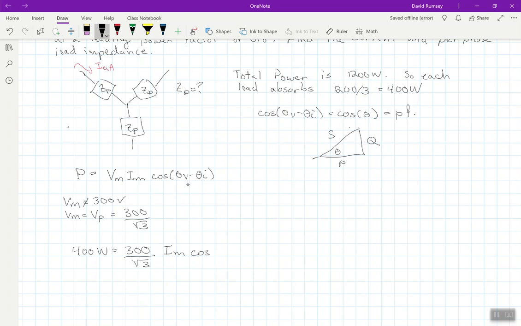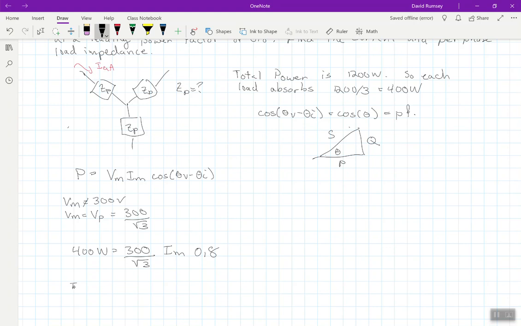But then I have this cosine of theta v minus theta I. But remember, that's my power factor, and so that would be 0.8.